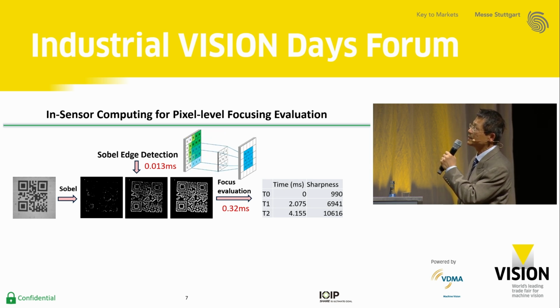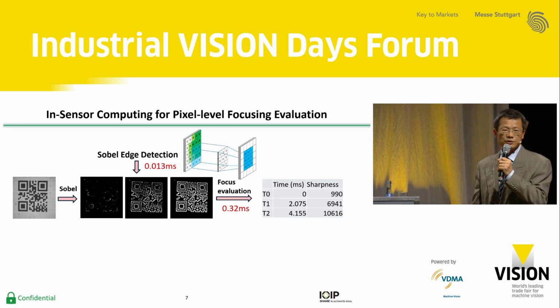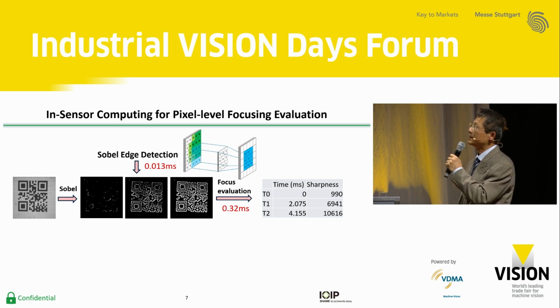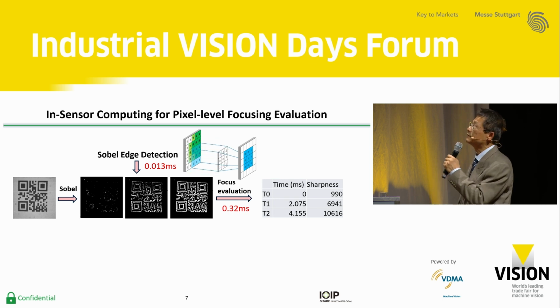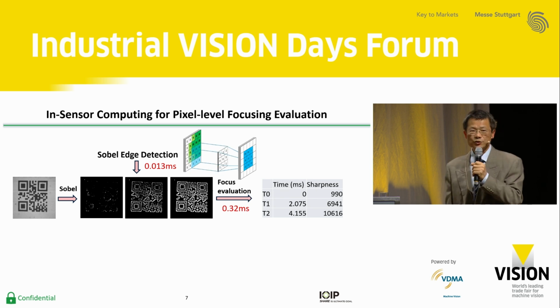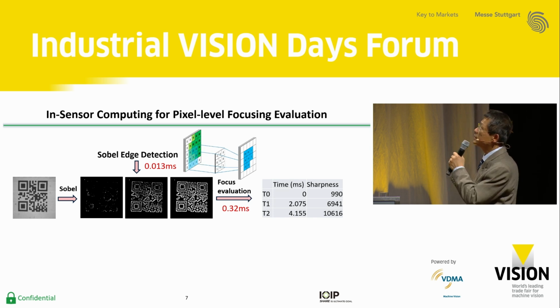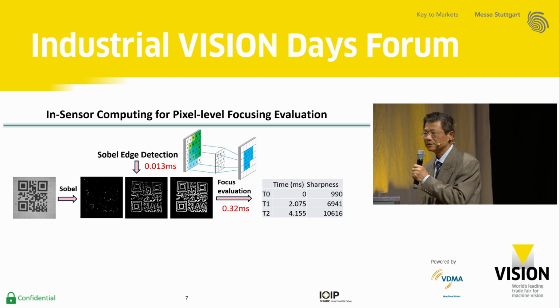Here is our test data. We set T0 to time 0. The next picture is T1, at 2.075 milliseconds. From T0 to T1, just a little more than 2 milliseconds, our sharpness goes from 990 to 6,941.